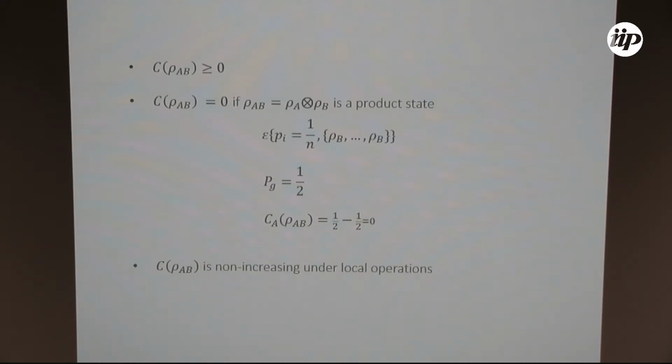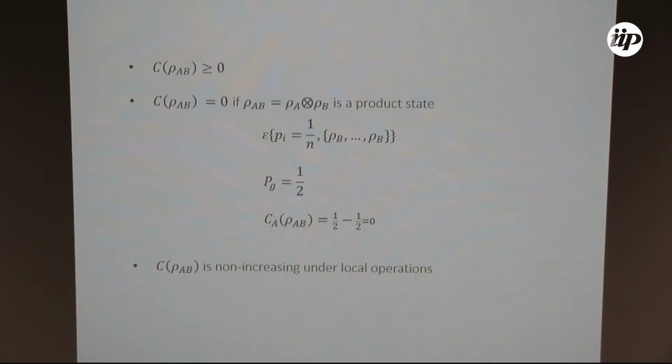Which means that if I look at the guessing probability, as I said, if I cannot distinguish the states, the best that I can do is say it was 1 or 2 or n, and then the probability of guessing will be 1 over n. But since I'm maximizing this probability of correctly identifying, the best thing that I can do is keep it to just two POVM elements, so I have just two possibilities, or two rho B, and then my guess will be 1/2.